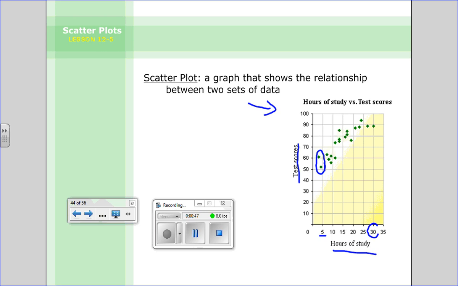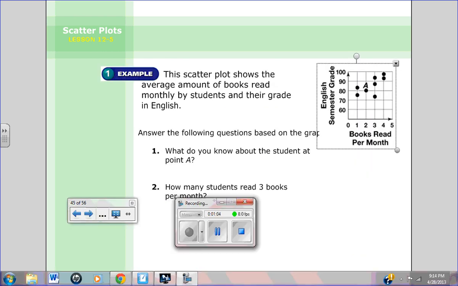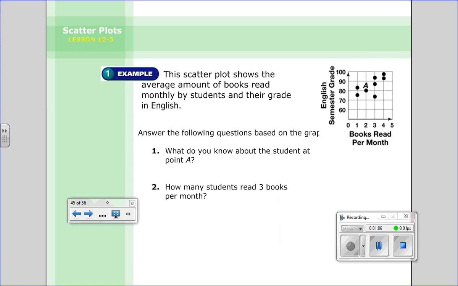However, if you study 30 hours, it looks like that person scored at least an 89%. So it's just looking at trends between the data, and we're going to find out what types of trends there are in a little bit. So let's get started first on interpreting scatter plots.